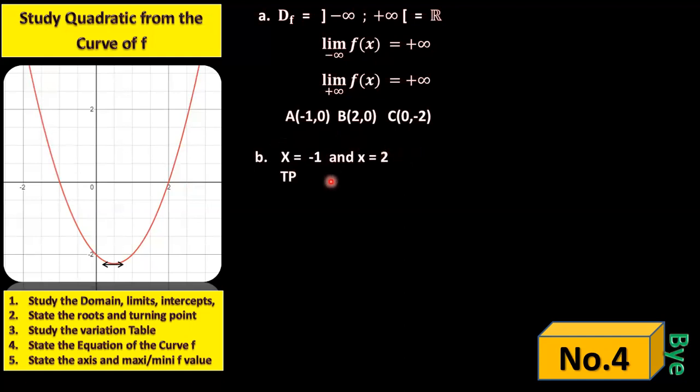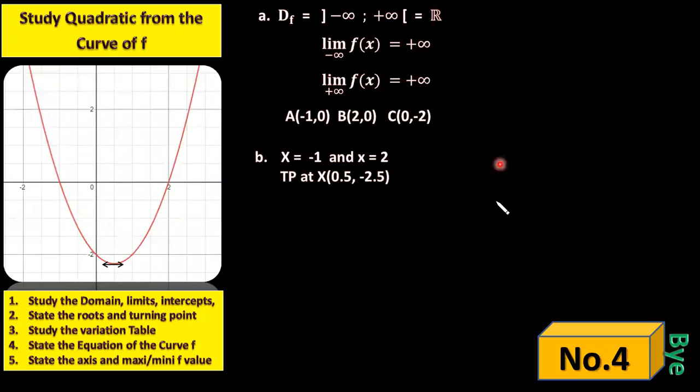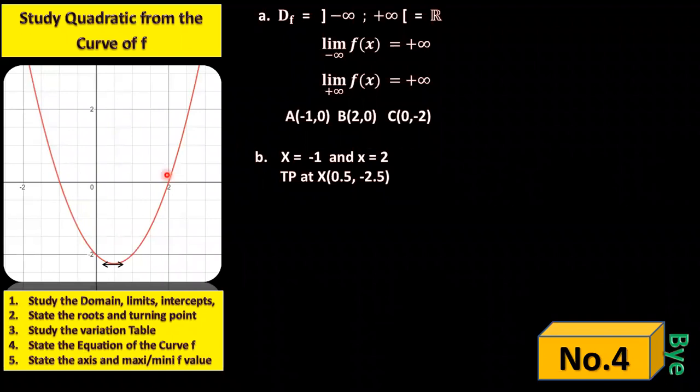B is the roots and the turning points. For these roots, when y is equal to 0, we consider these are the intercepts of x here. That is -1 and 2. And this gives us the roots of this equation.